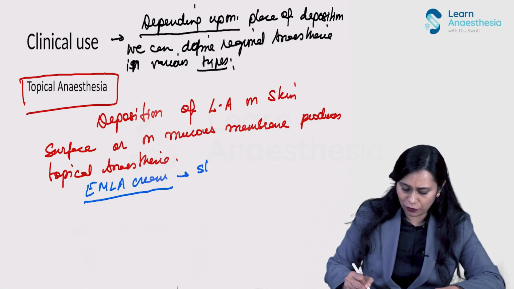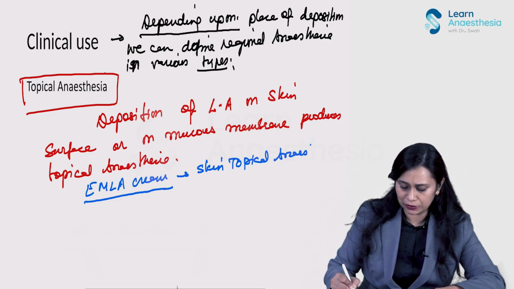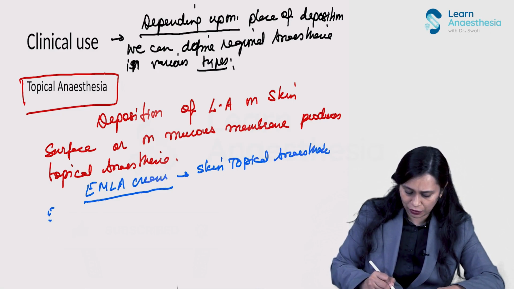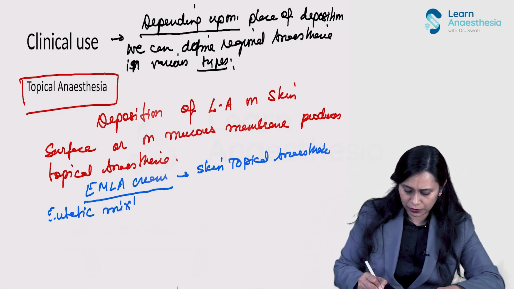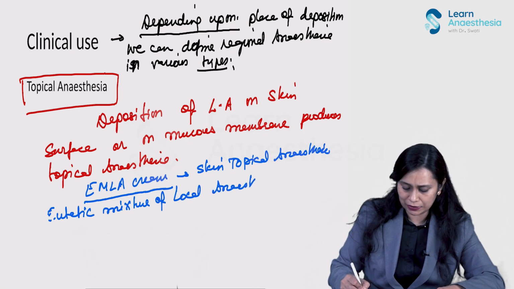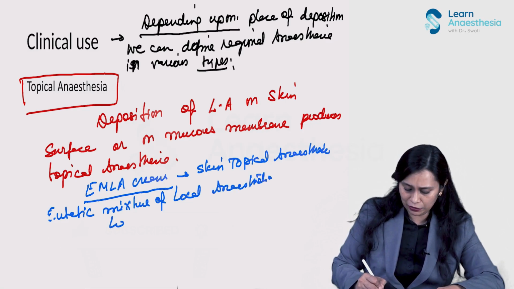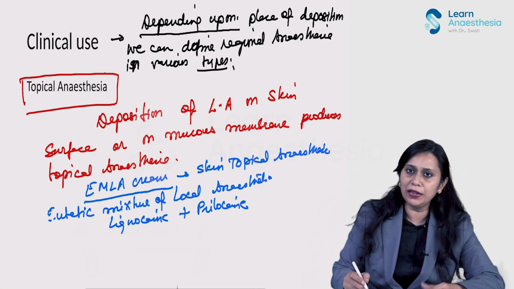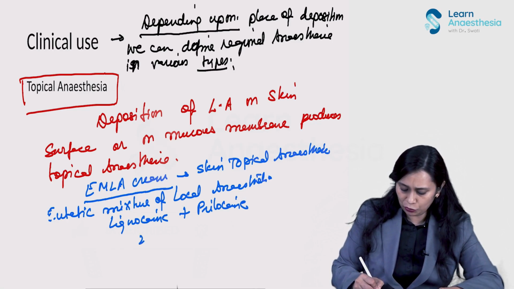So skin topical anesthesia, right? EMLA is a mixture of two local anesthetics. EMLA stands for eutectic mixture of local anesthetics, and it has lignocaine and prilocaine present in it, in 2.5% concentration each.